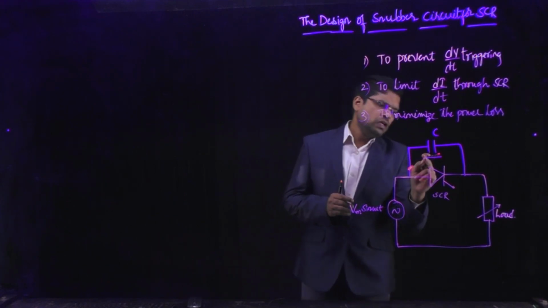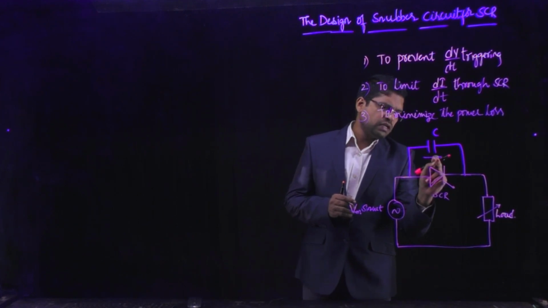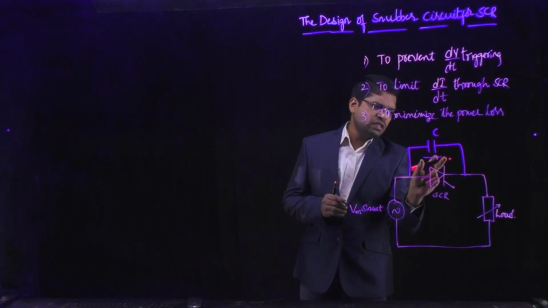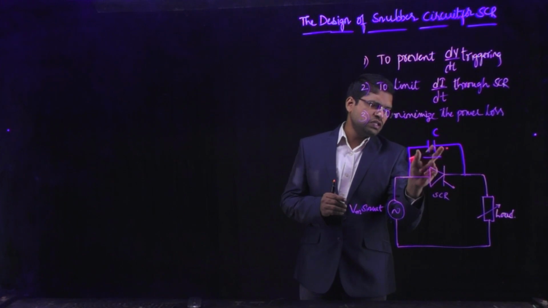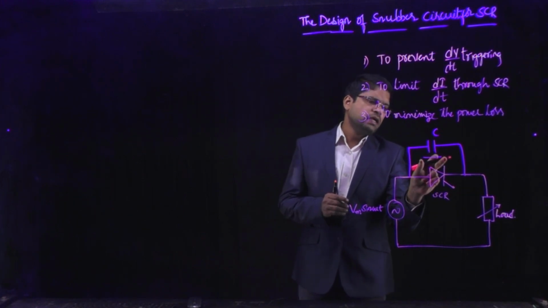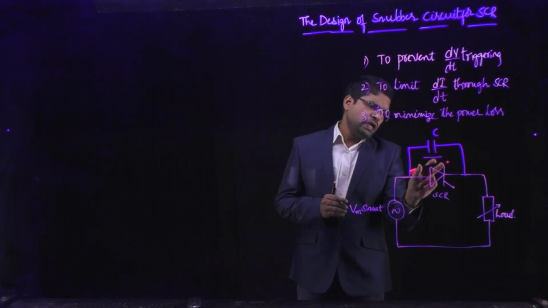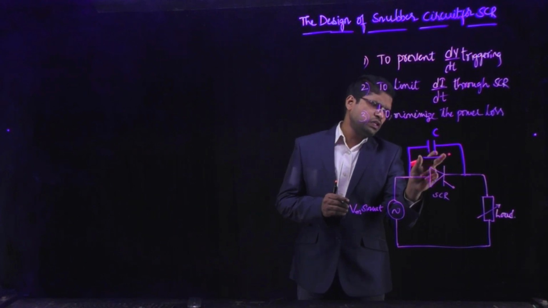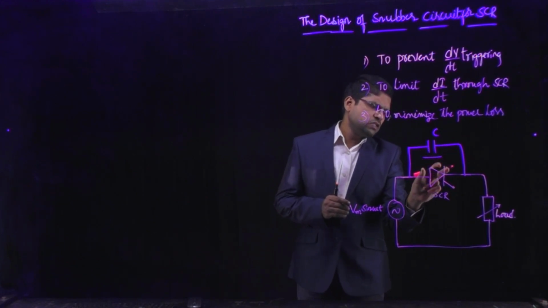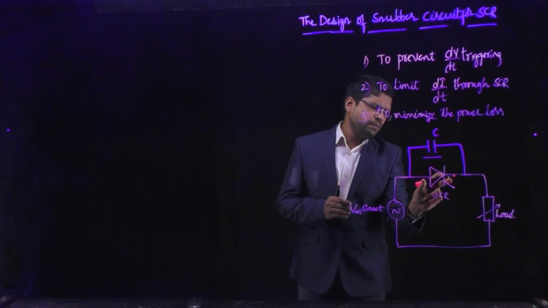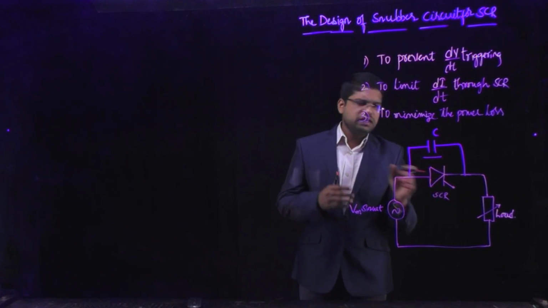Since it is short circuited, the voltage across the capacitor at the initial stage is 0. That means initially the capacitor voltage is 0, and the same voltage also appears across the SCR, because SCR and capacitor are connected in parallel to each other.